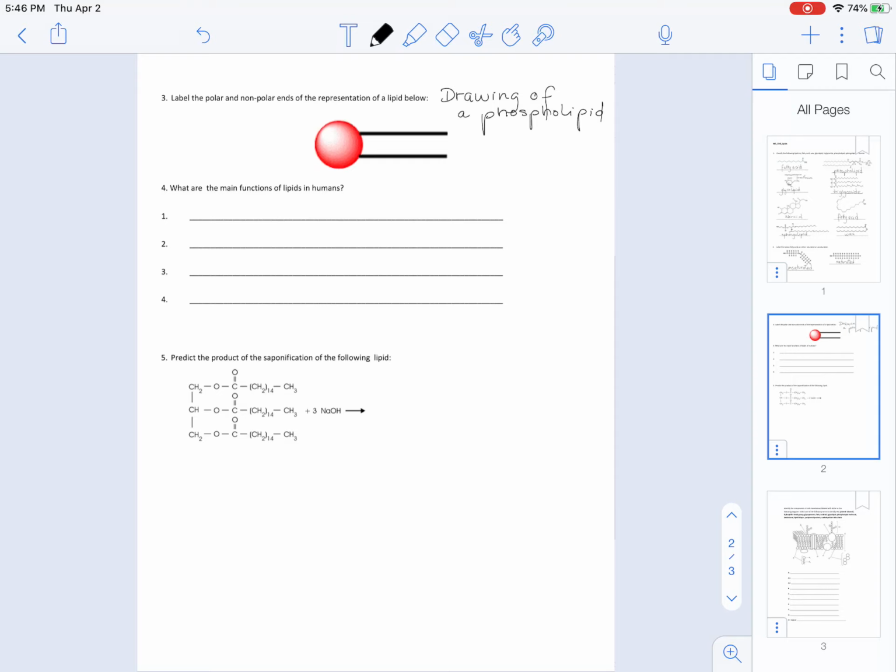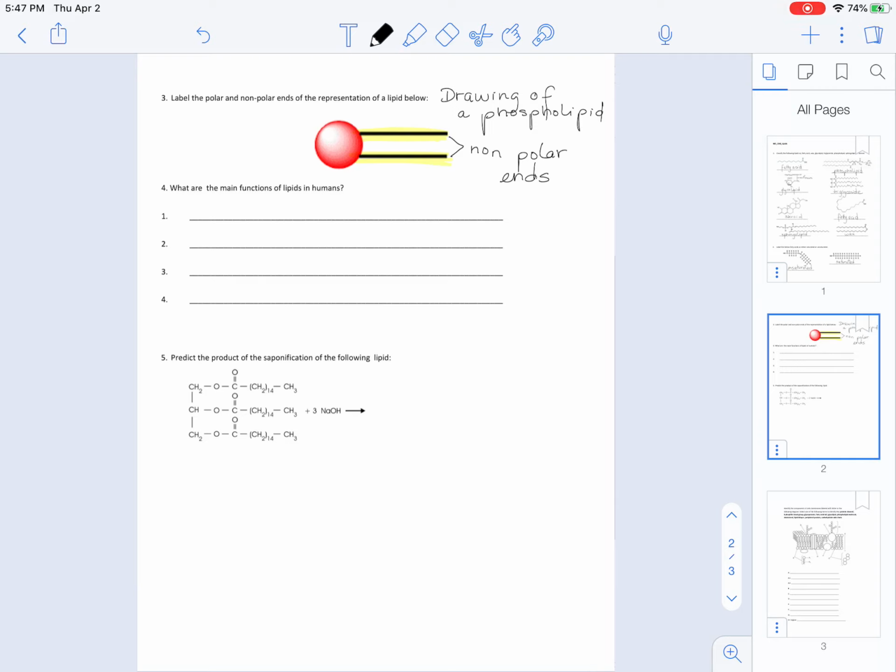The two lines that we see here, I'm going to highlight them in yellow. The two black lines that you see are the non-polar ends, because that's the part of a phospholipid that contains carbon-hydrogen atoms.